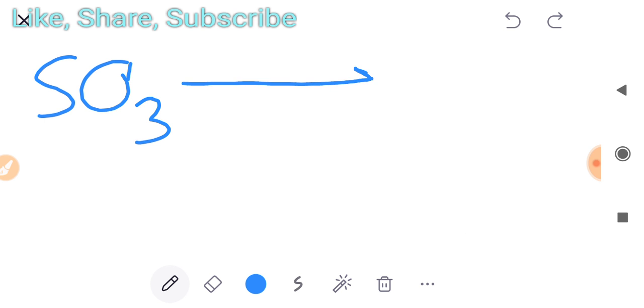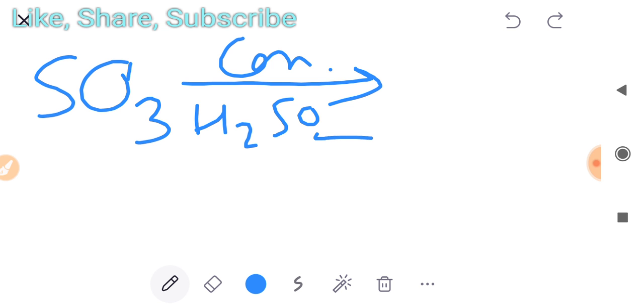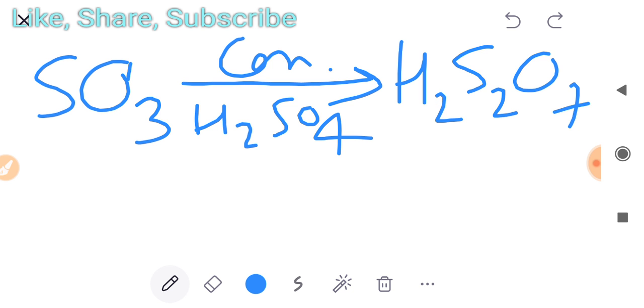First SO3 goes through concentrated H2SO4, and it forms H2S2O7 first. Its name is oleum.